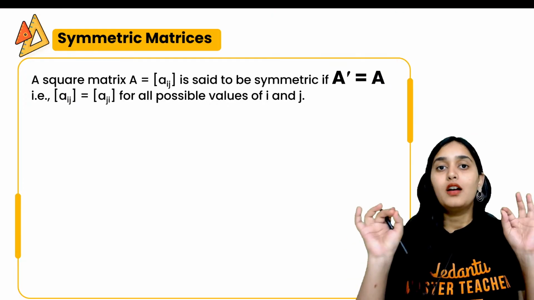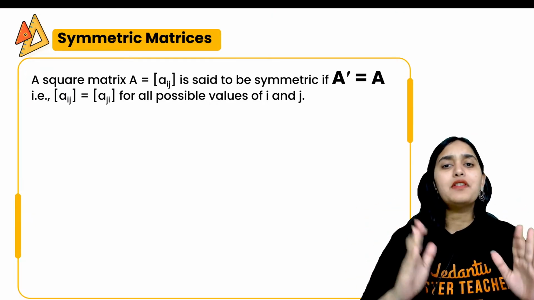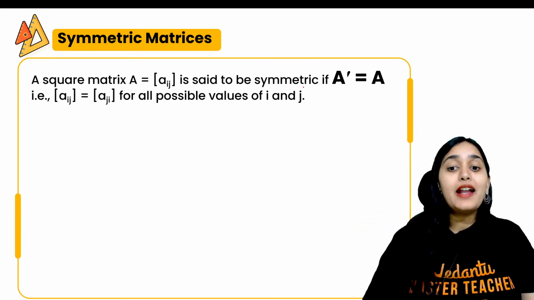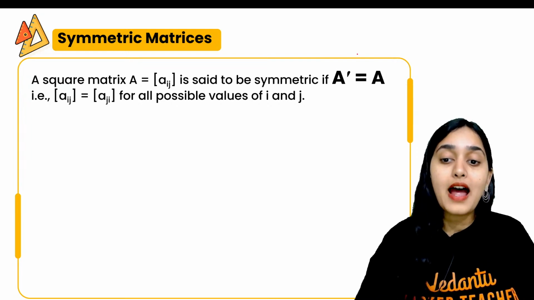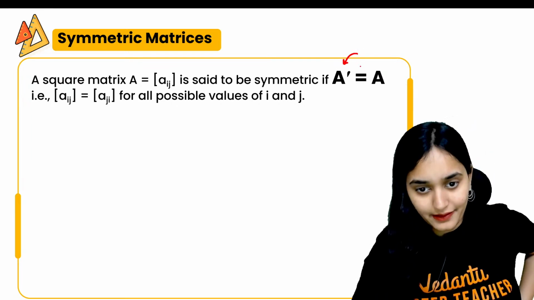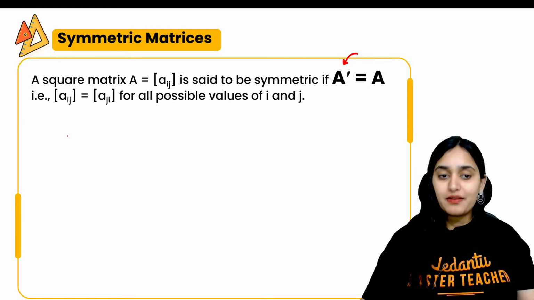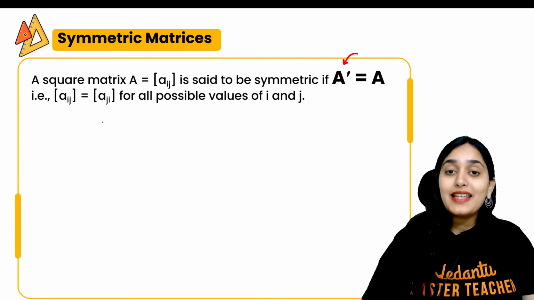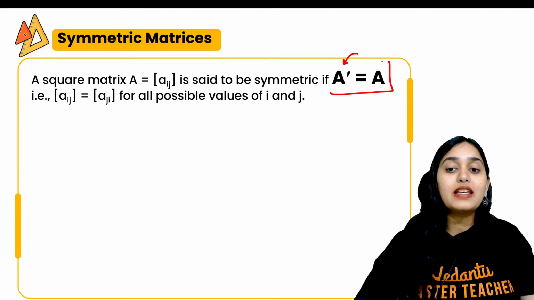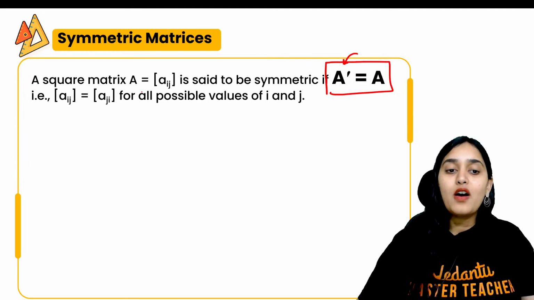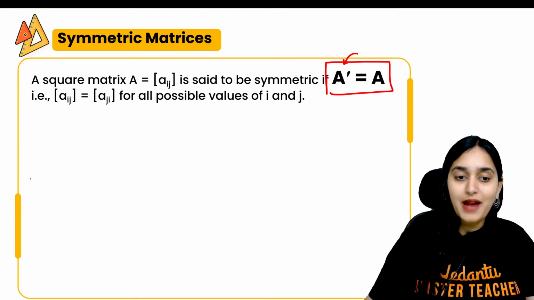Now, suppose I have a matrix. It can be of any order. And I find out the transpose of that matrix. Once I find the transpose, if I see that the transpose is equal to the given matrix, then I call it a symmetric matrix.